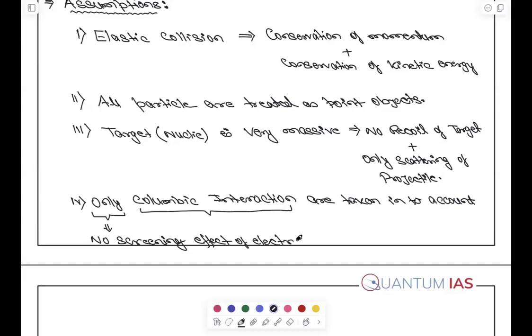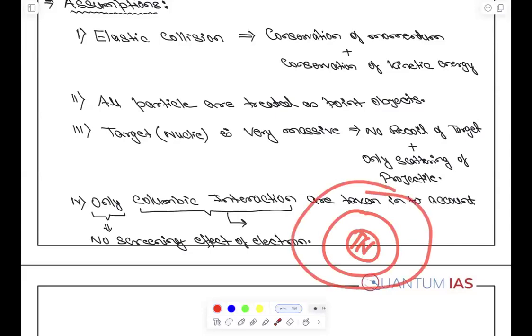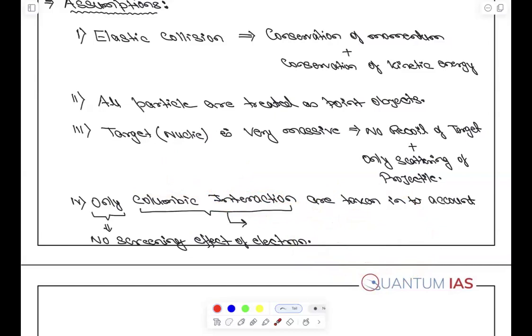Screening means that due to the presence of multiple electrons, when you are bombarding, there will be not only repulsion by the nuclei but also attraction by the electrons. If this is my nucleus, electrons are also there. So when you're bombarding any positive charge particle, Coulombic interaction will be between the nucleus and this positive charge. The interaction with the electrons we are ignoring. Only Coulombic interaction between them is taken into account. No screening effect of electron.